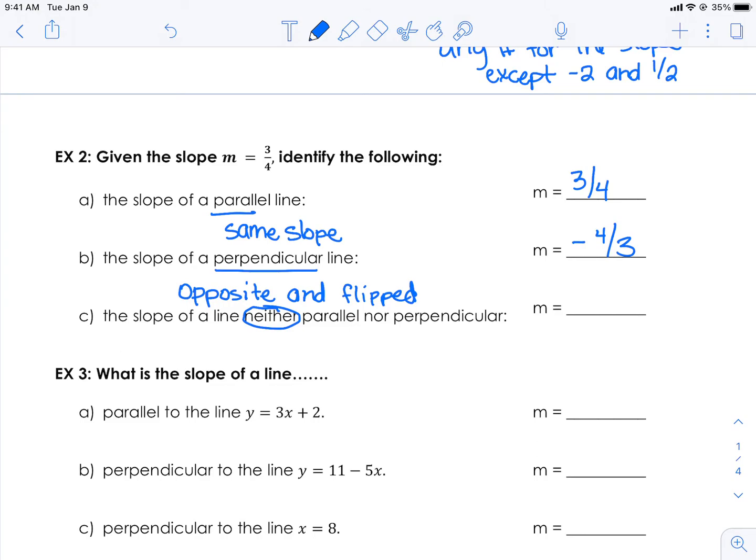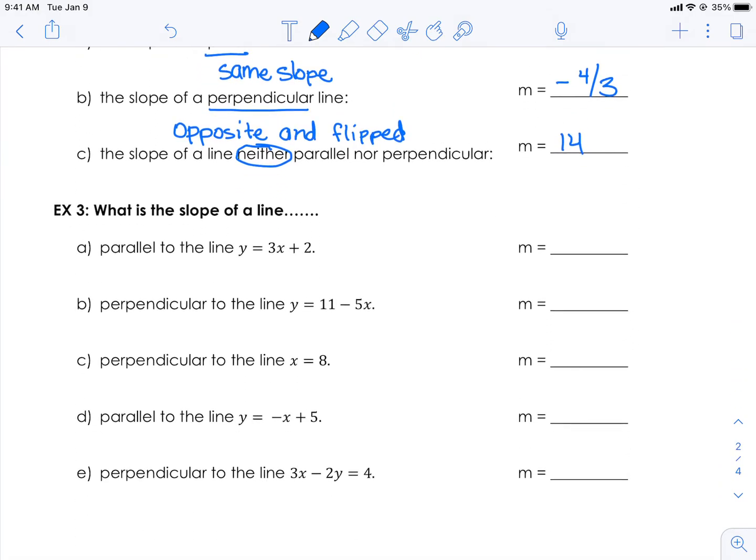Okay, neither is any number except 3/4 and -4/3. So a random number, 14. If you picked any other number besides 3/4 and -4/3, it's correct. Okay, it's literally anything. It could be a 0. It could be undefined.